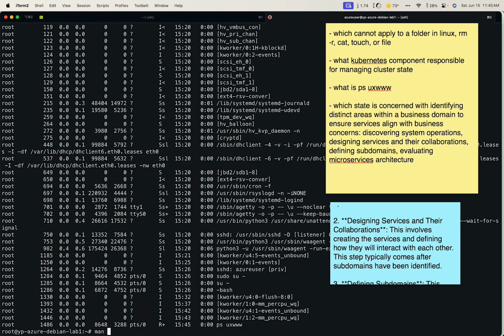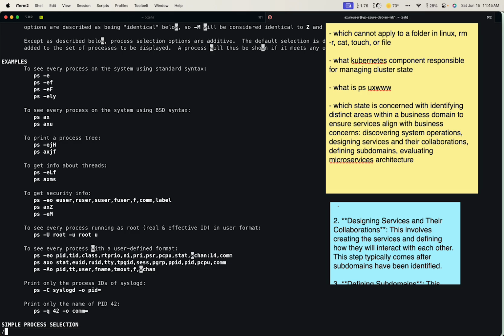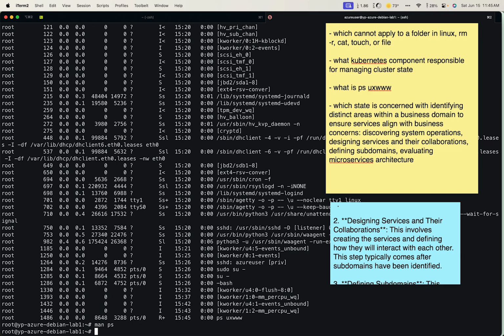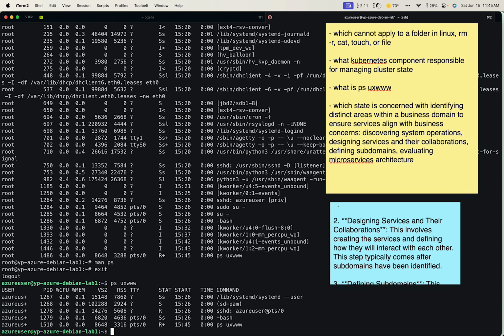I guess w is wide, right? You could just look in the man page. Yeah, the wide output. So if I was in as the admin Azure user and ran ps uxwww, it would just show the Azure user processes. So that was another question.